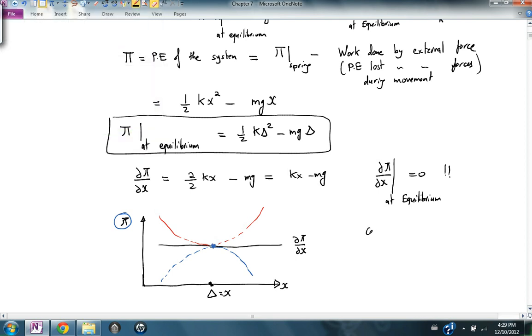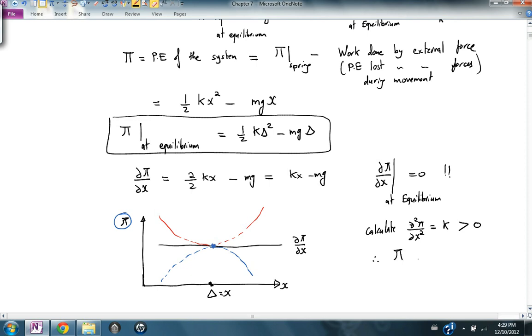Calculate the second derivative with respect to x. This is equal to k. This is greater than 0.